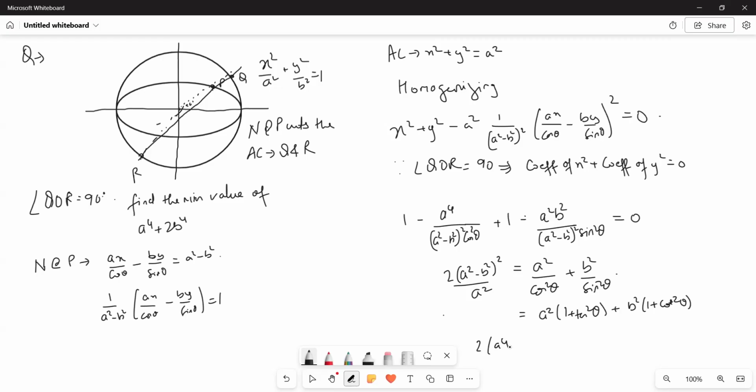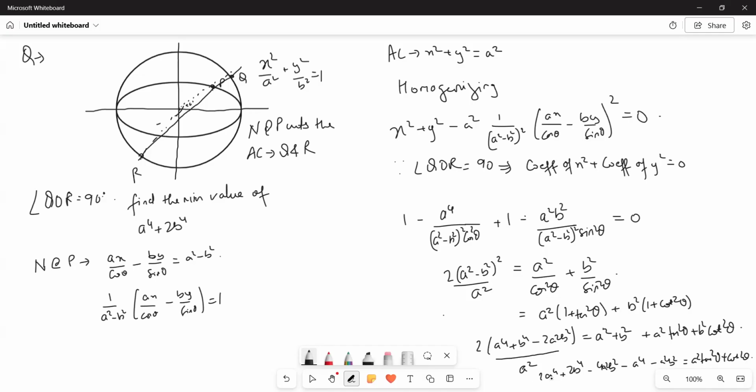So this will be twice of a power 4 plus b power 4 minus 2a square b square is equal to a square plus b square और यहाँ पे आ जाएगा plus a square tan square theta plus b square cot square theta. इसको अगर इधर ले आएंगे तो 2a power 4 plus 2b power 4 minus 4a square b square minus a power 4 minus a square b square is equal to a square tan square theta plus cot square theta. तो यहाँ से ये हो गया a power 4 plus 2b power 4.